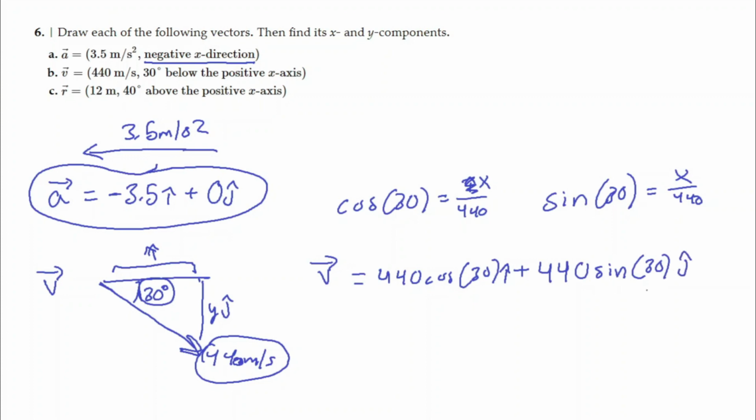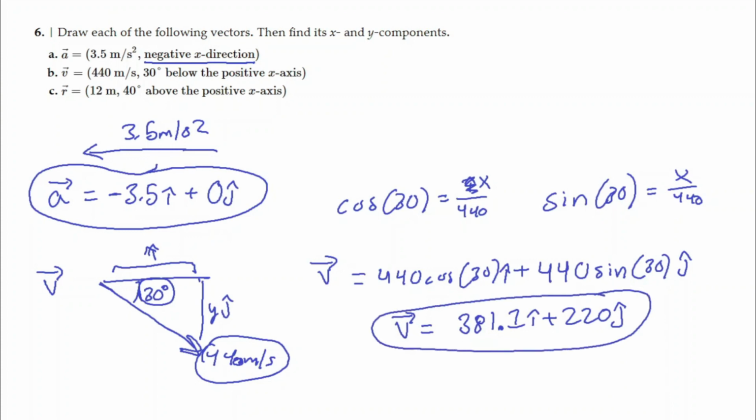And we're going to write j next to it. If you simplify everything, we're going to have vector v equal to 381 i plus 220 j, showing the x and y components, and that is how the answer is going to be written.